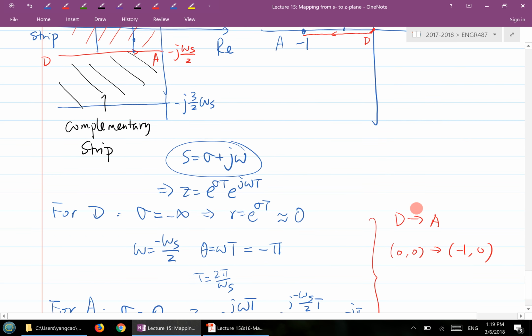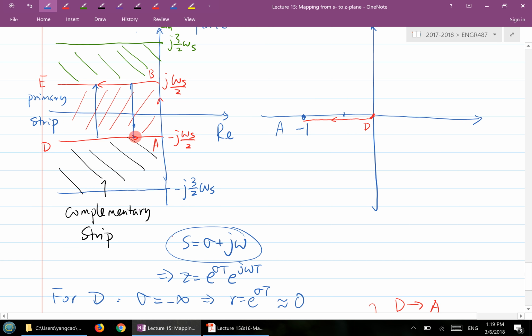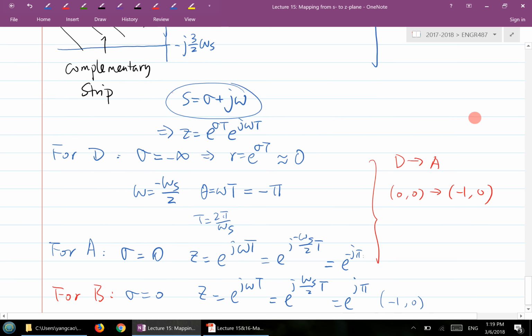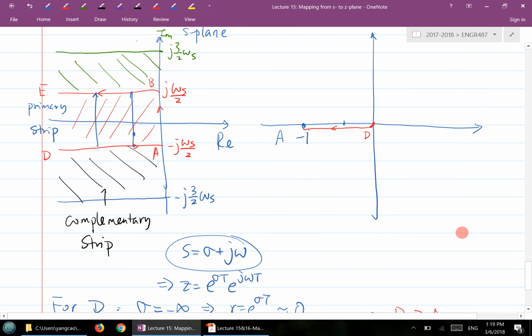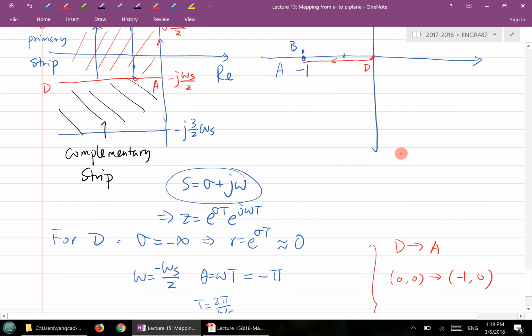So if sigma is not 0, let's say we're moving from here to here, what could happen is, first of all, the B location is the same location as A, except if you want to be rigorous, B is actually on top of A because it's a pi, not negative pi. So A is negative pi, but B is positive pi.